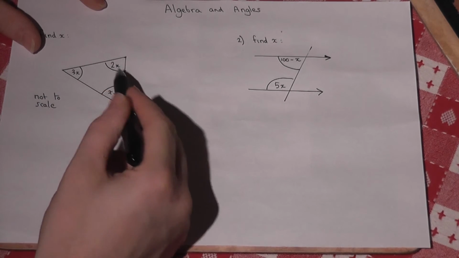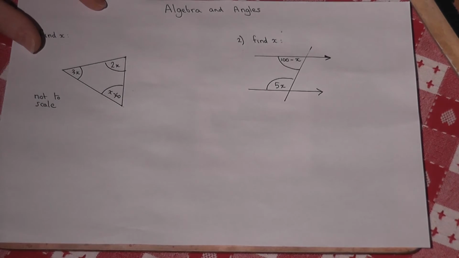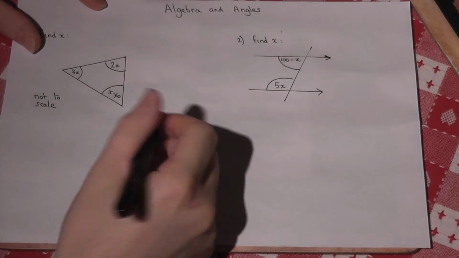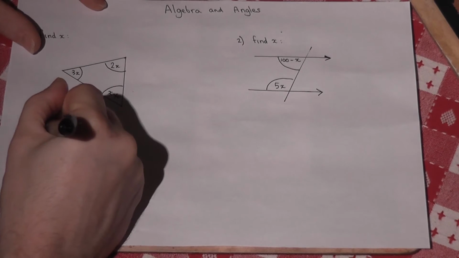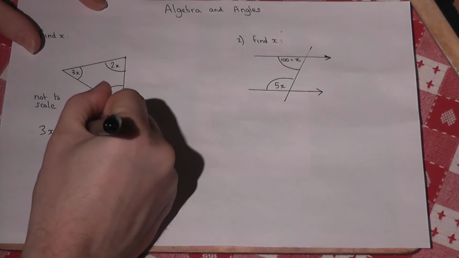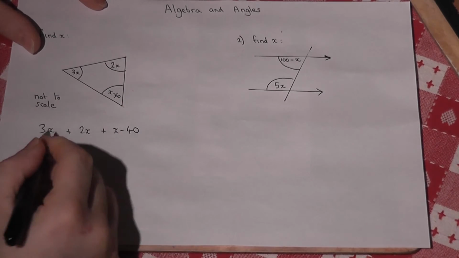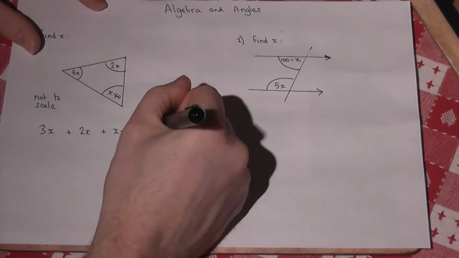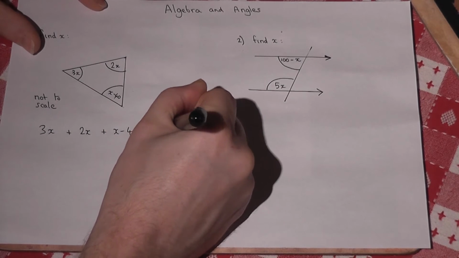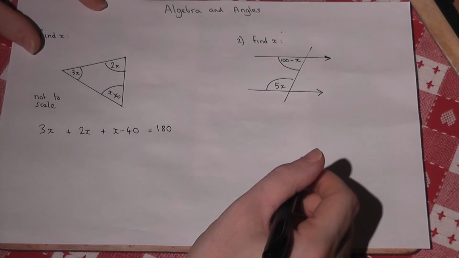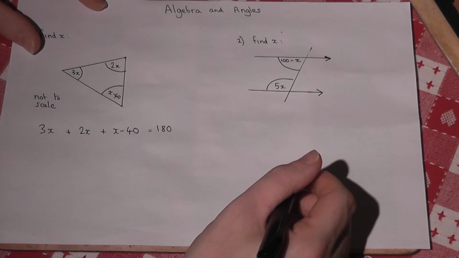So this plus this plus this must equal 180. So we can begin by writing that down mathematically. 3x plus 2x plus x minus 40. They're the three angles. They must equal 180 due to the degrees in a triangle, making 180.